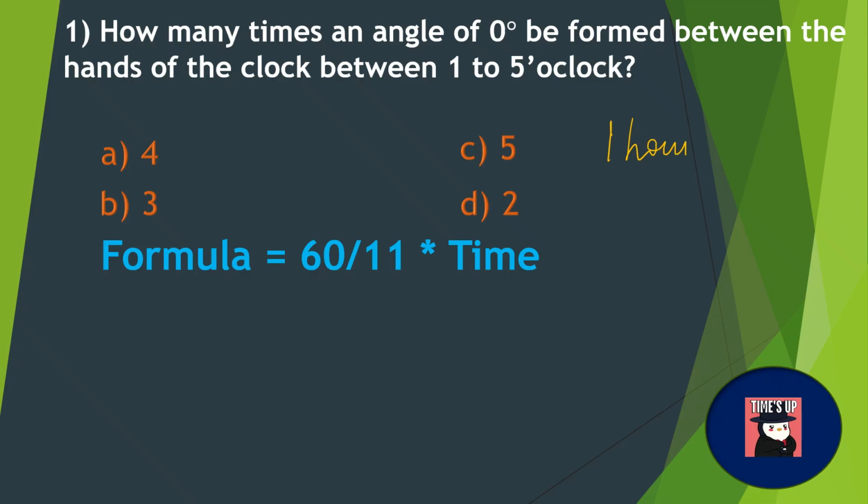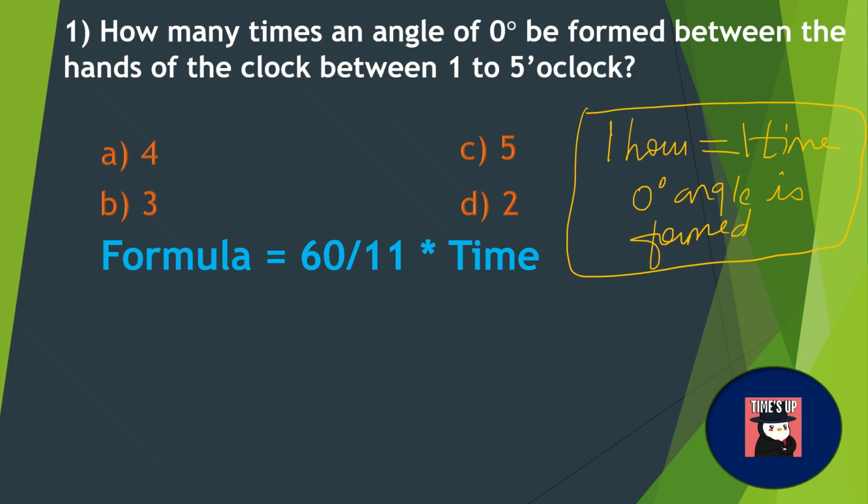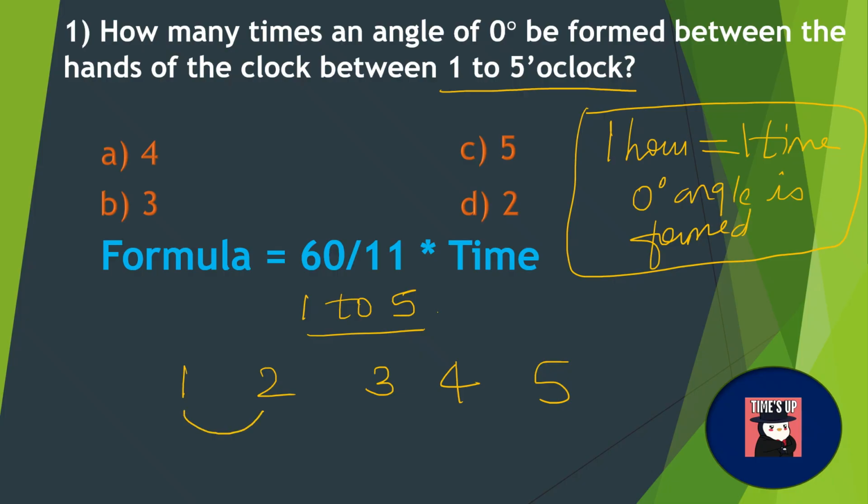So they have asked how many times 0 degree angle is formed between 1 to 5 o'clock. So 1, 2, 3, 4, 5. 1 to 2, this is 1 hour. 1 hour, how many times 0 degree angle is formed? 1 time. So 1 you write.